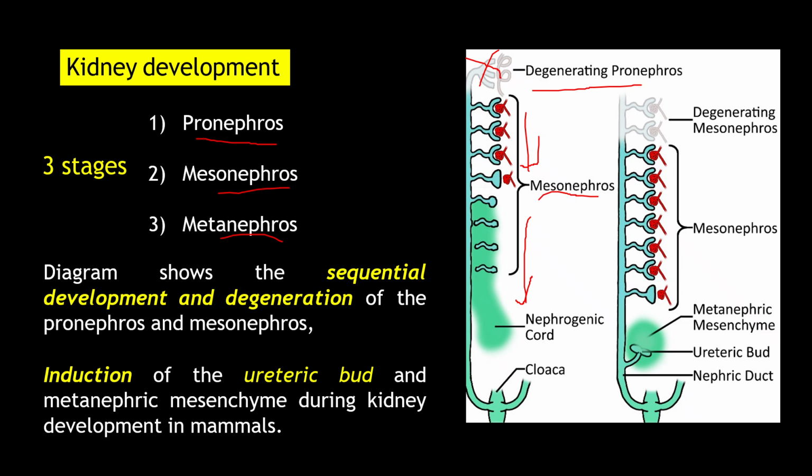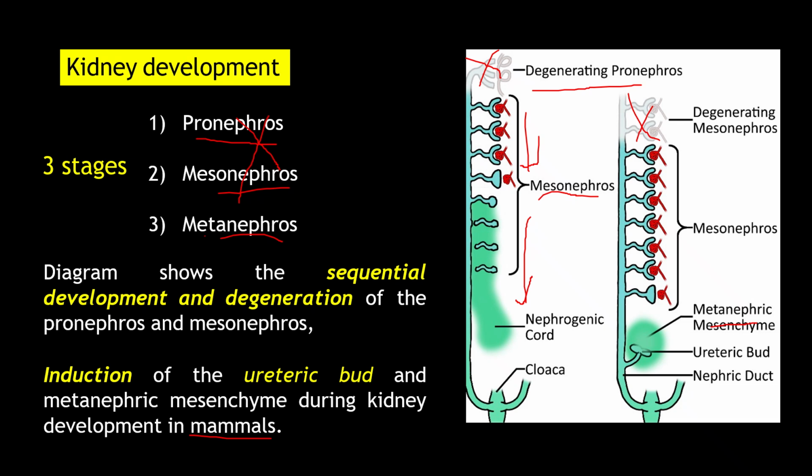And later on, the first mesonephrons start degenerating also, and the metanephric one starts developing. At the end, in mammals, you end up degenerating both the pronephrons and mesonephron, and you only keep the metanephron, which will develop.